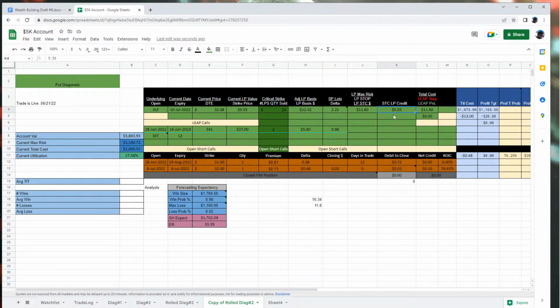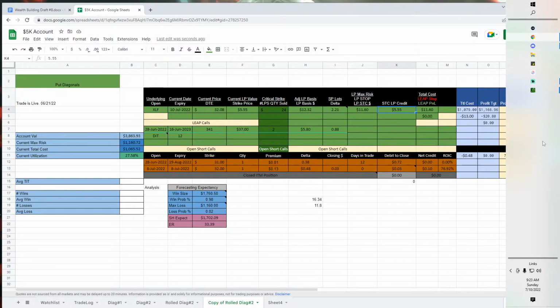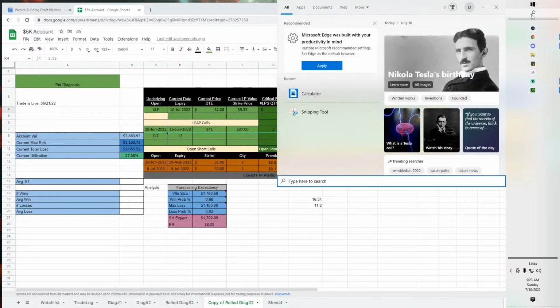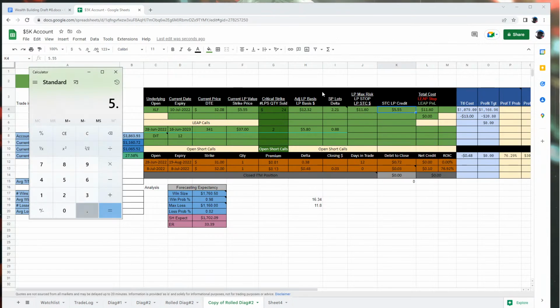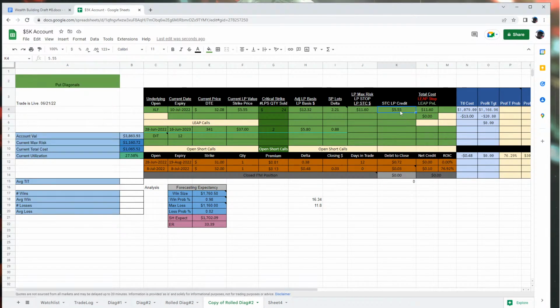It's going to be 555 times 2, which is what? 1110? Double check the math, because I'm not the best sometimes. It's early. Yeah, 1110. Cool. Boom. So once again, it brings my basis down a little bit, which is cool.